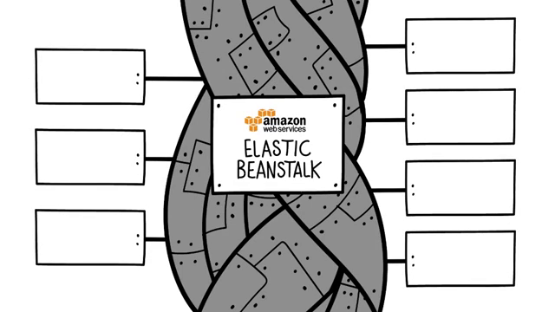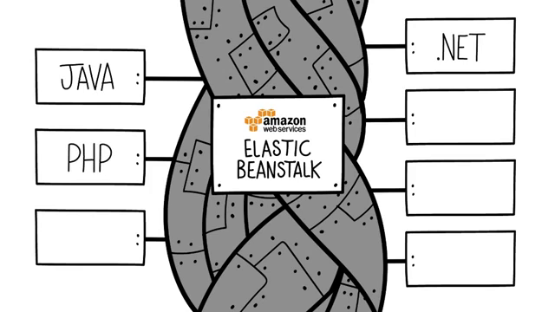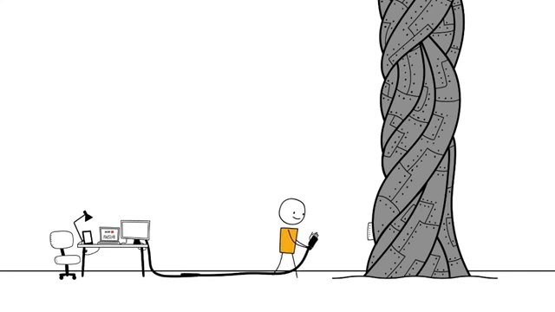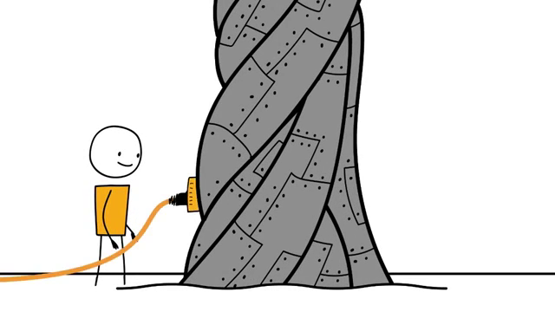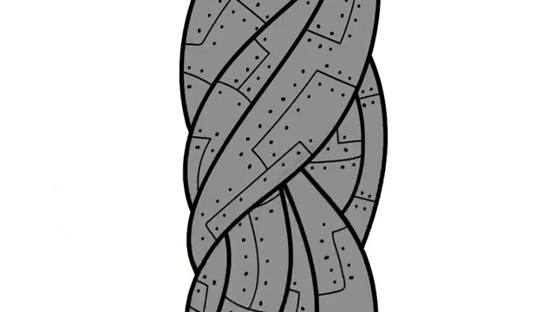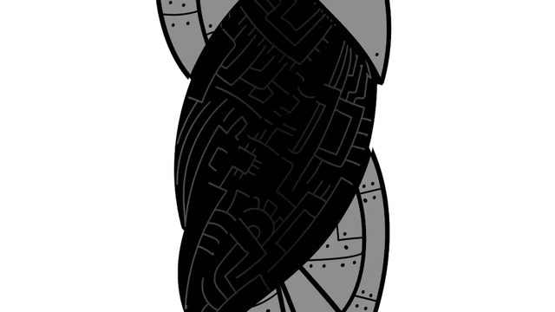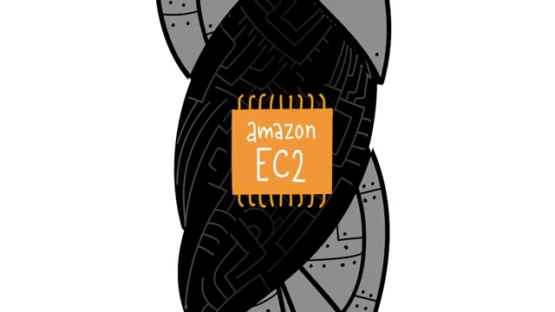Elastic Beanstalk uses managed containers that support environments such as Java, .NET, PHP, Node.js, Python, Ruby, and Docker on familiar servers such as Apache HTTP Server, Apache Tomcat, Nginx, Passenger, and IIS. Elastic Beanstalk leverages familiar AWS services such as Amazon EC2, S3, Simple Notification Service, Elastic Load Balancing, and Auto Scaling.